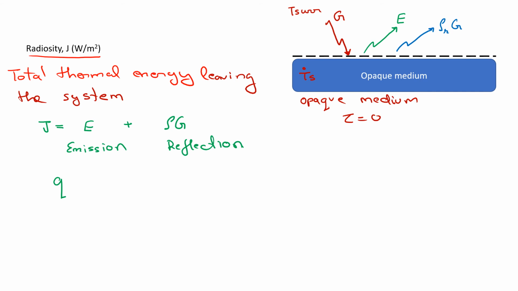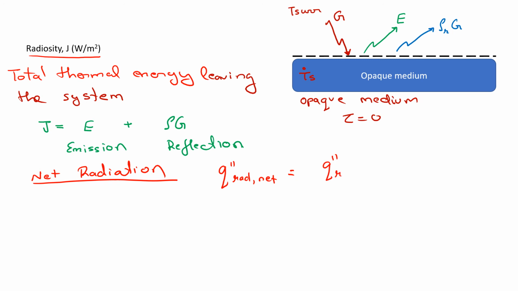So what will be our net radiation? Okay, let's look at the net radiation. Let's say we are looking at Q rad net. Our Q rad net will be whatever is coming in minus whatever is going out. So what is coming in?